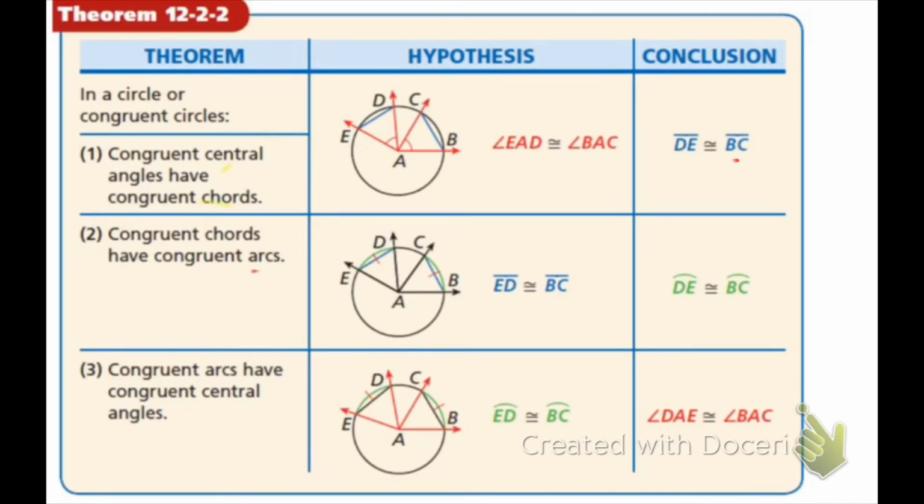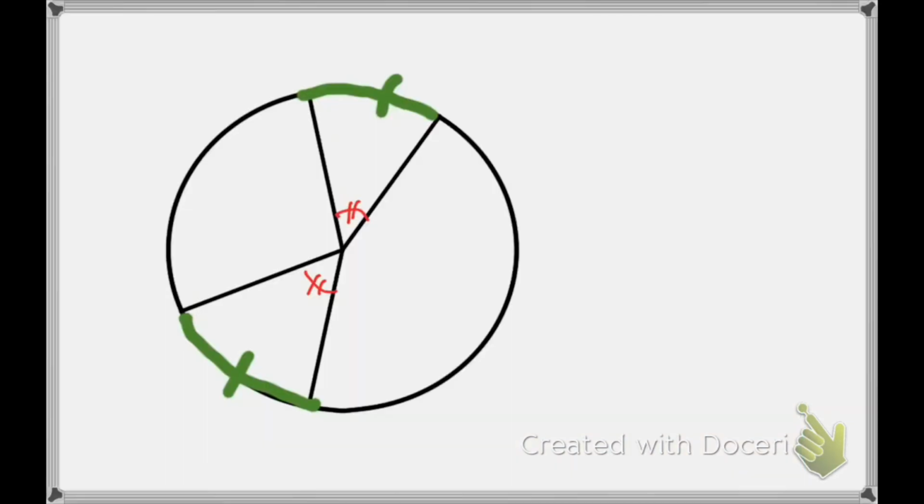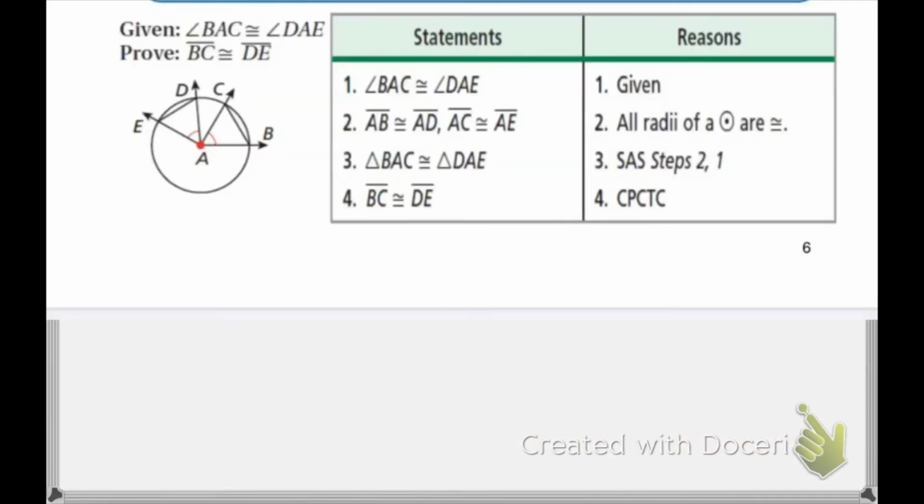And if you notice, basically if you have one of these congruent, let's say you have both central angles being congruent in these two parts here, if the central angles are congruent, everything else is also congruent. So if you get one part of those three that are congruent, all three parts are congruent. Here's a quick little proof as to why.